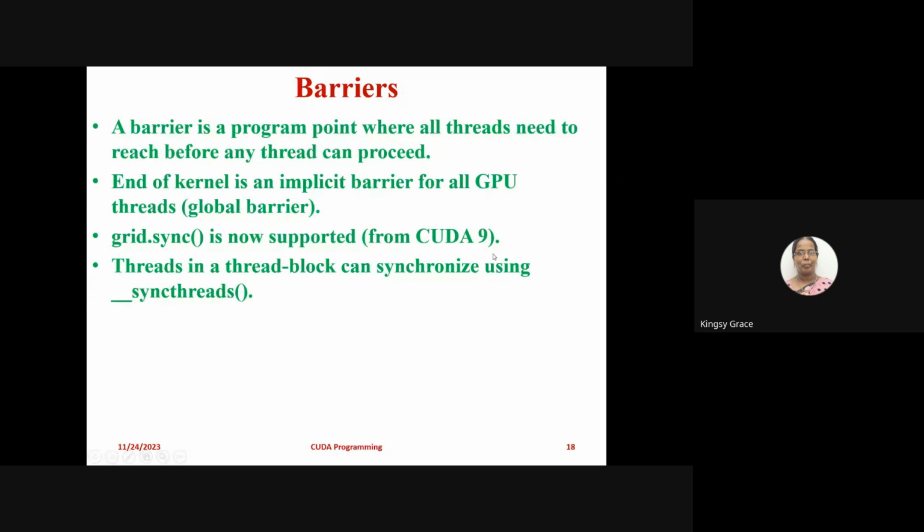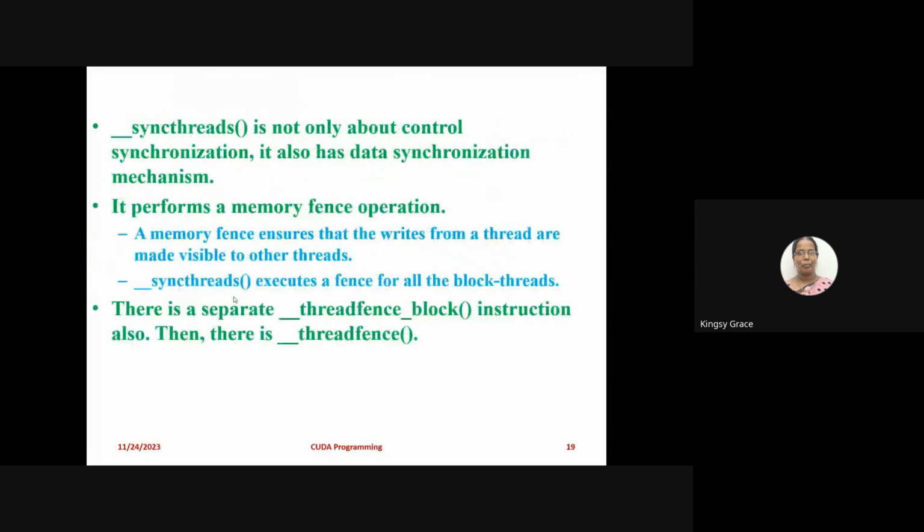Now synchronization is used very effectively in the GPU because of the latest CUDA APIs. Here we have a function like grid.sync, and the threads you can synchronize with the help of __syncthreads. Already we have used syncthreads so many times.